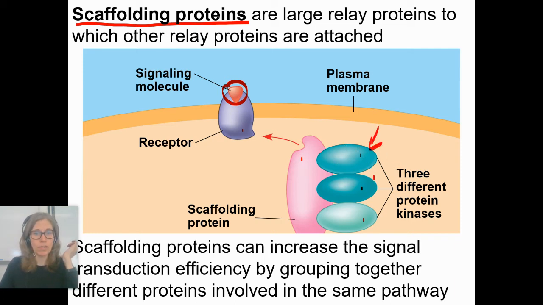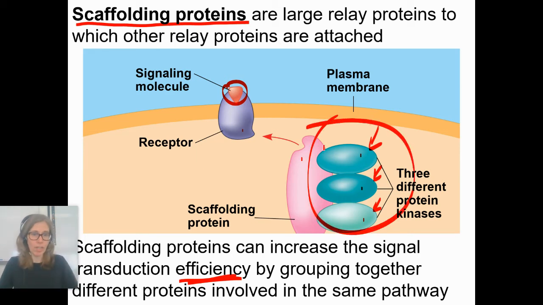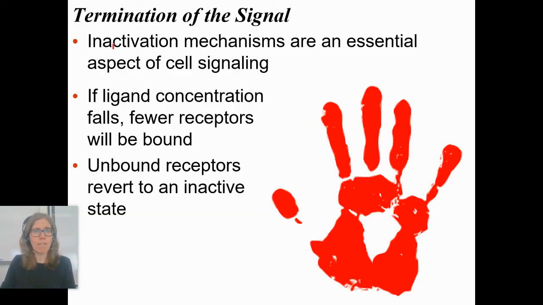And then this one, once it's changed, doesn't have to diffuse. It's sitting right next to the thing that it works on, its substrate, which then, once it's activated, works on the next one. So the scaffolding protein helps to increase signal transduction efficiency by grouping these parts of the relay together.